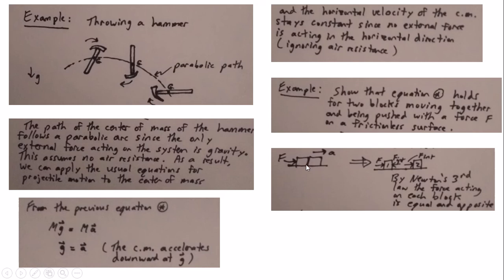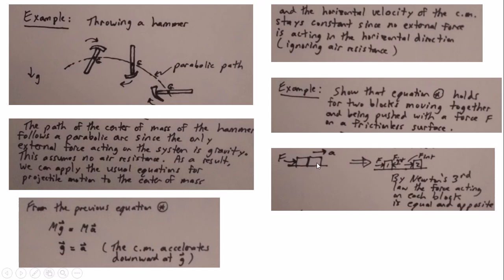So here you have the two blocks, and they're in contact, and they're moving together at an acceleration a to the right, because they are being pushed to the right with a force F as shown. Acceleration a is the acceleration of each block, and it is also the acceleration of the center of mass of these two blocks.